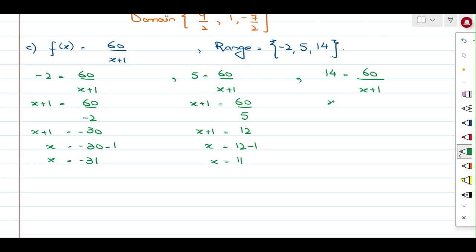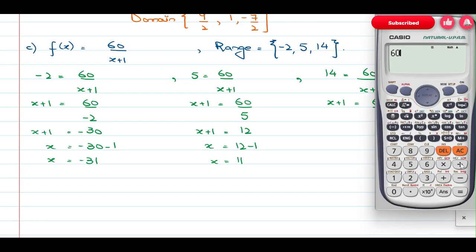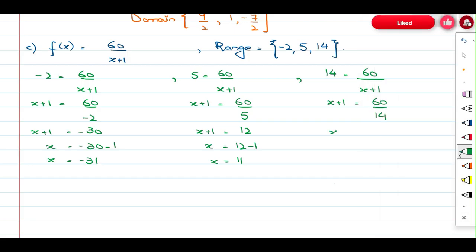And the third one is x plus 1 is equal to 60 over 14. Let me check this. 60 divided by 14 is 30 over 7. So x plus 1 is 30 over 7. So x is equal to 30 over 7 minus 1. So what is the domain?